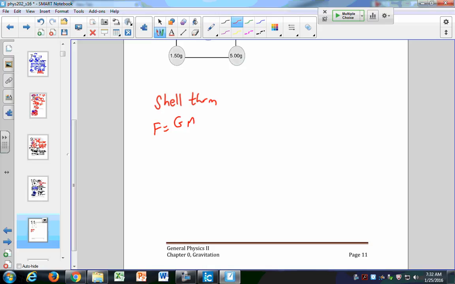We saw the universal law of gravitation: F is G m m over r squared. We saw Gauss's law, which says that the flux is equal to 4 pi G mass enclosed. And there's actually a negative here.